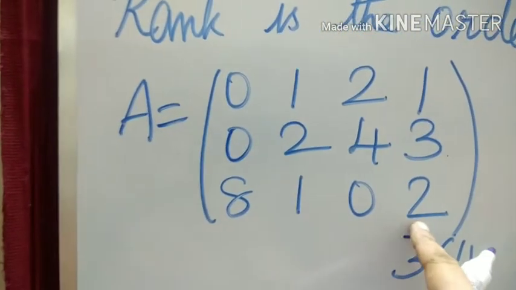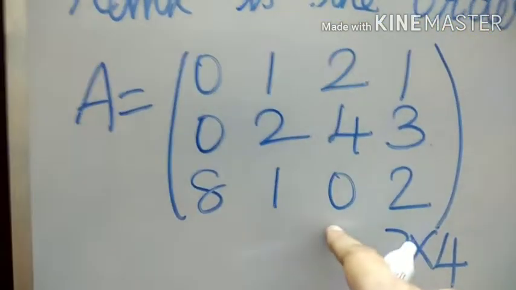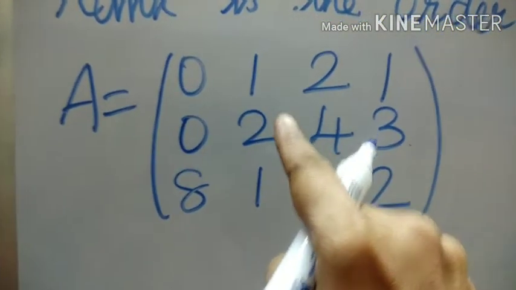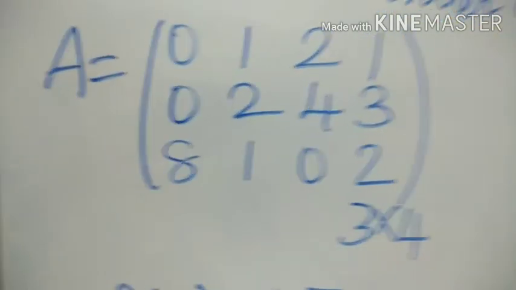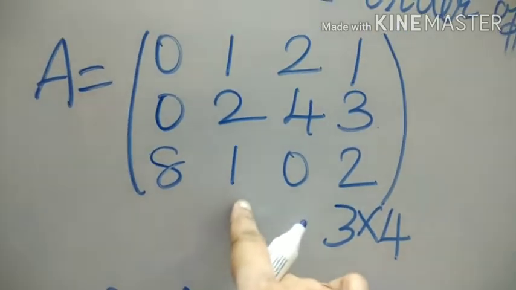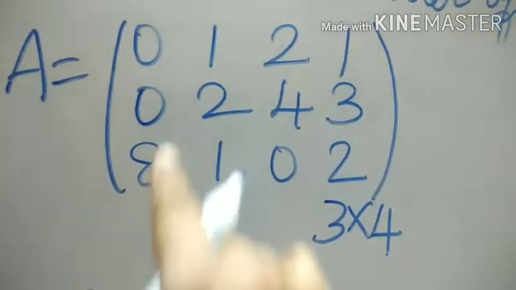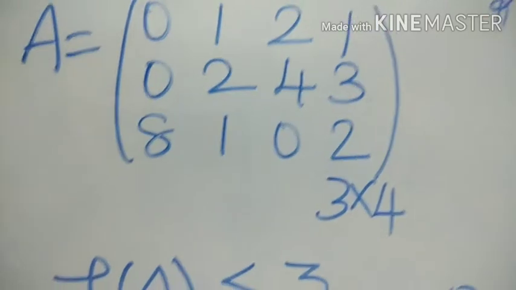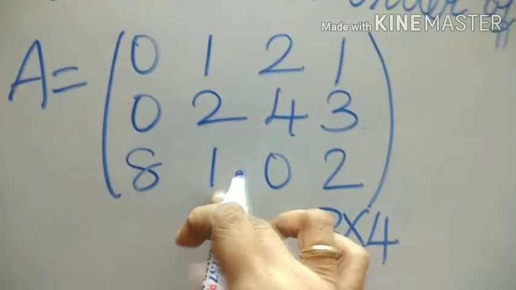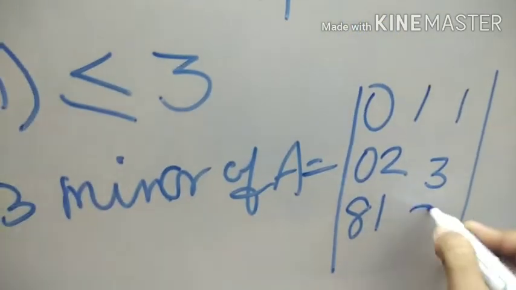Looking at this matrix, let me select. You can check second column and third column, wherein you have some proportional numbers that may lead to 0. I want to arrive at an answer which is not 0. So select first, second and fourth column, not the third column. So choose the first column 0, 0, 8, second column 1, 2, 1, and fourth column 1, 3, 2.